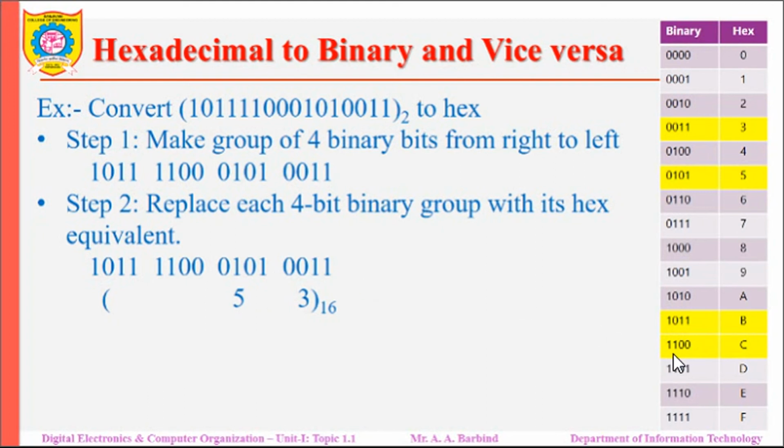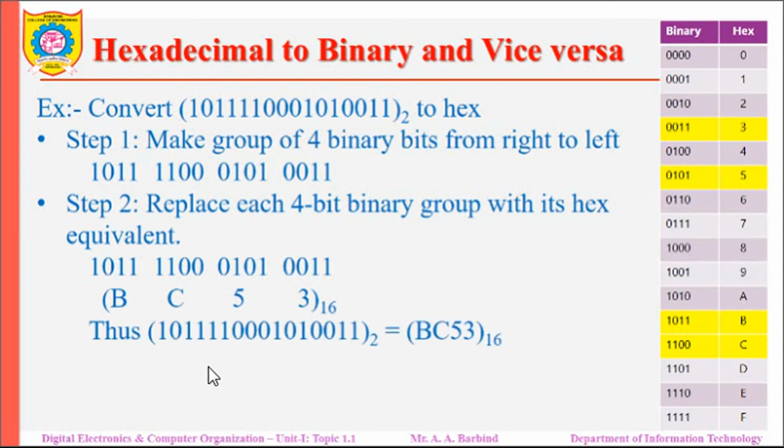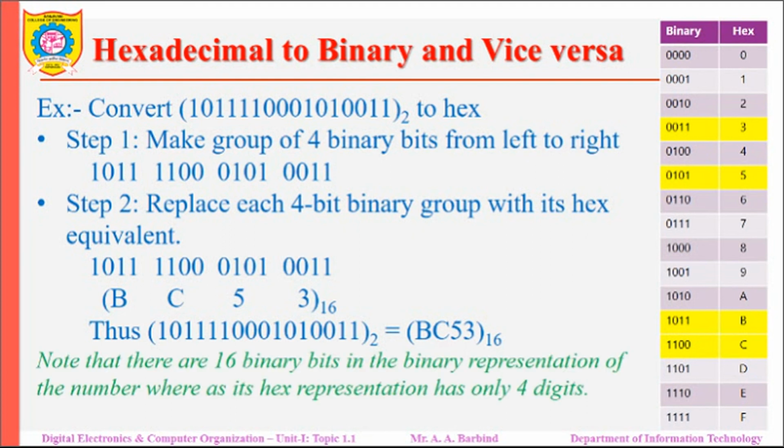The hex equivalent of 1100 is C. So we write C for 1100, and the last group is 1011, and from the table we get 1011 is B. So the number is BC53 in hexadecimal. So this 16-bit binary number is equal to BC53 in hexadecimal number or in hex.